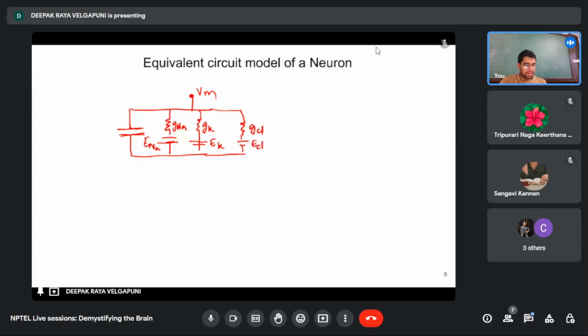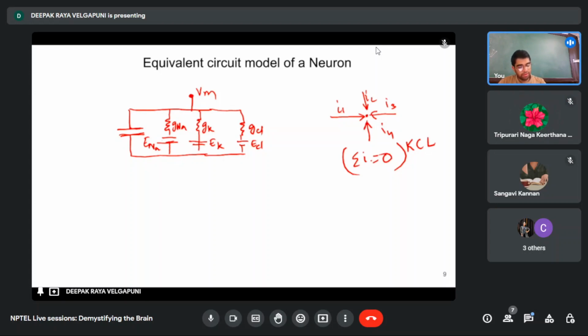So what I'm saying is, according to Kirchhoff's current law, the sum of currents at a point will be equal to 0. Like if you say I1, I2, I3, I4, the sum of all currents will be equal to 0 according to Kirchhoff's current law.